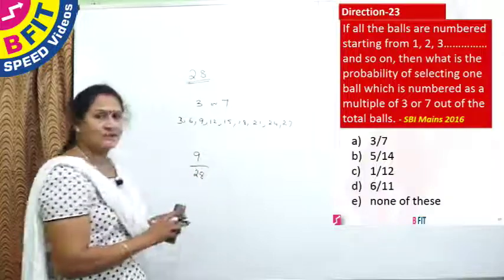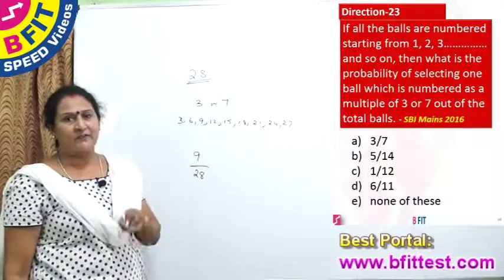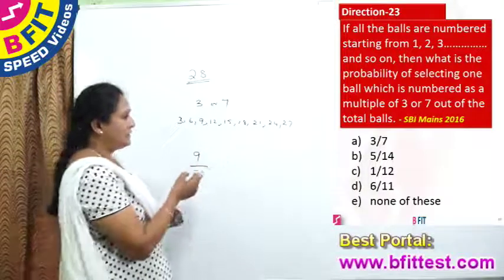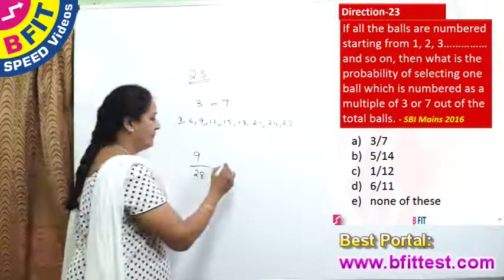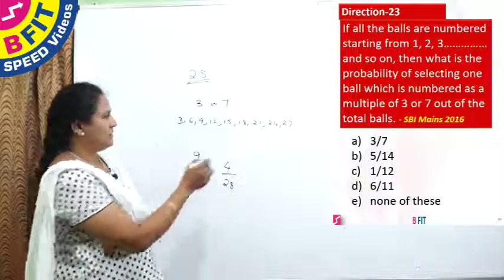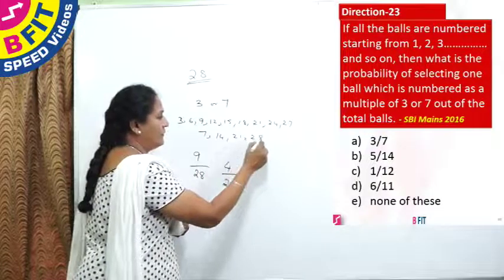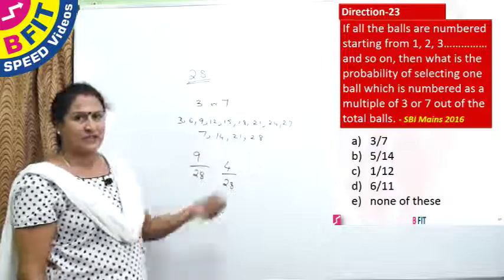How many balls will we have as multiples of 7? 28 is 4 times 7, so we will have 4 balls numbered as multiples of 7, 4 out of 28. What are the balls there? 7, 14, 21 and 28. So for multiples of 7 we have 4 balls.